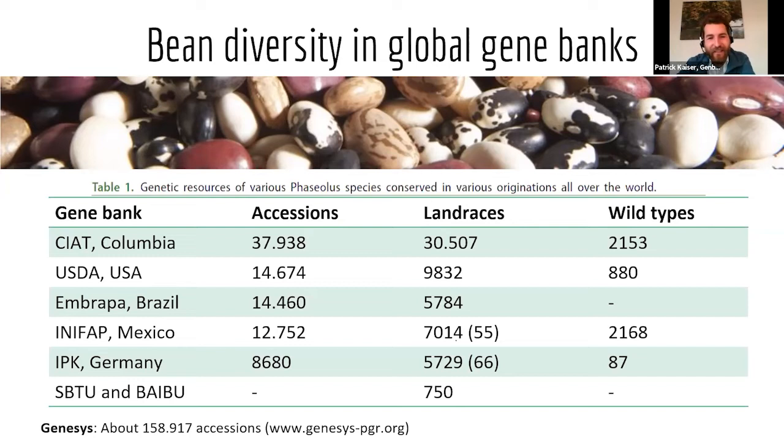Of course, accessions don't mean that they are each completely different varieties, but at least they were so diverse that the gene banks all took them as separate accessions. And I guess there's a lot of potential hiding there on ice. And we hope to get many more of these varieties back into life and into the field as a living heritage from our ancestors who brought up all this great diversity.